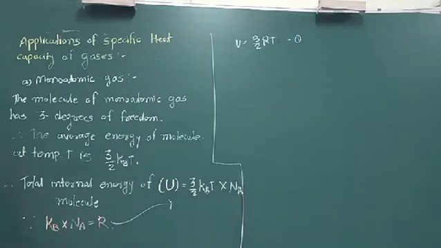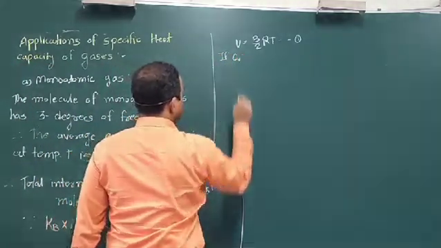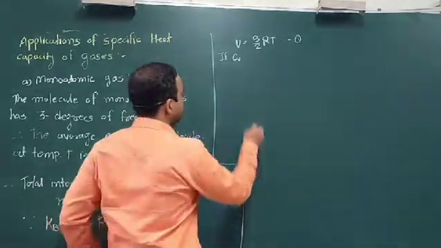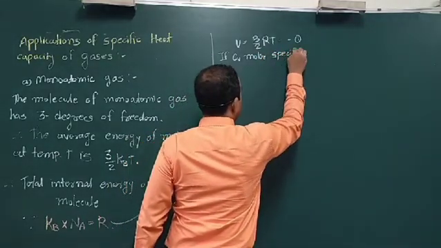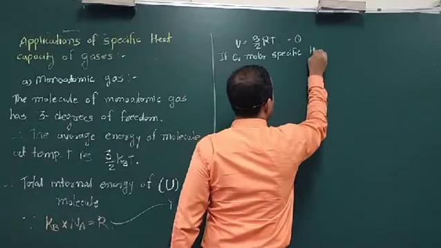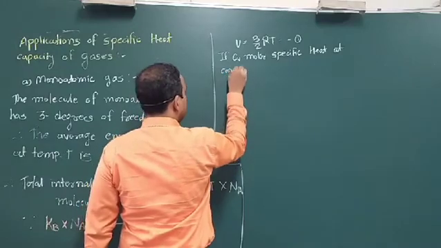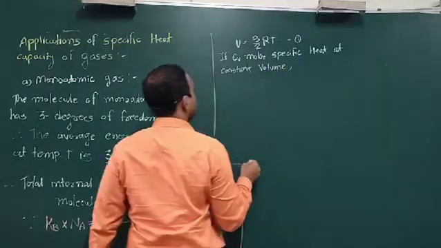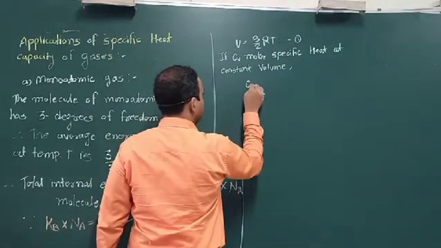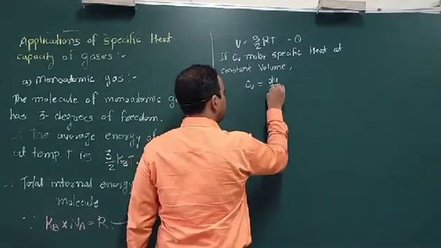Now, the molar specific heat. If Cv is the molar specific heat at constant volume, then Cv is equal to dU/dT.